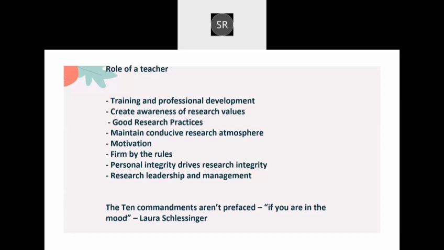And she should also be aware of the research values. In those questionnaires that I've given you, sometimes we wonder, is it ethical? Is it not ethical? So that we need to think about it. And all these are required: the role of a teacher, research leadership and management, and personal integrity drives research integrity. So to teach all of these, we need to have it in each one of us.